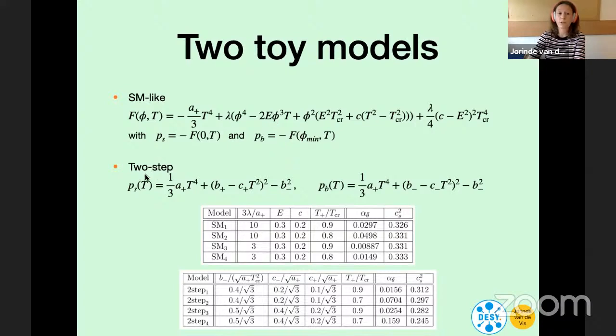And the other toy model is a two-step phase transition, which you can get, for example, if you couple the Higgs to an additional singlet, which first gets a VEV, and then in the second step, the Higgs gets a VEV. So here I show the parameters of these models, and this is showing the sound speed in the broken phase, and these are the phase transition strengths. So these are all relatively weak phase transitions.